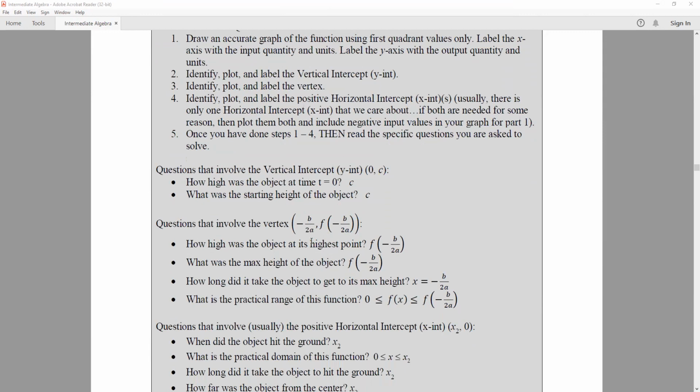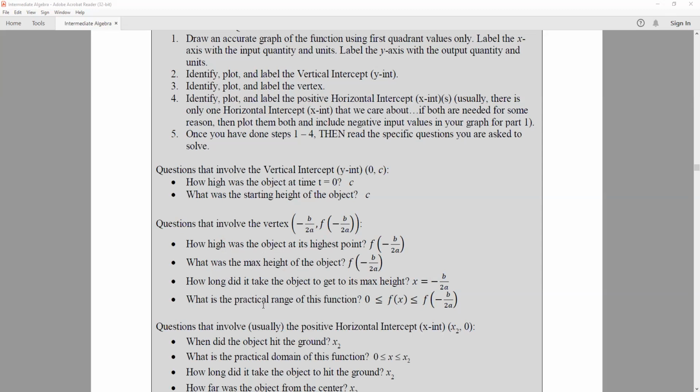We know that the vertex is the highest point on the graph or the lowest point of the graph. So if it says the maximum height, you know you are looking at the vertex. How long did it take the object to get to its maximum height? The vertex. How long means you are looking at time, which is the x value of the vertex. The maximum height, you are looking at the y value of the vertex.